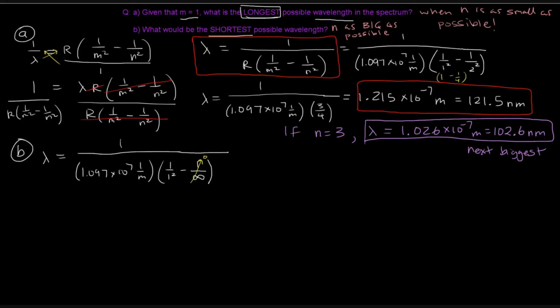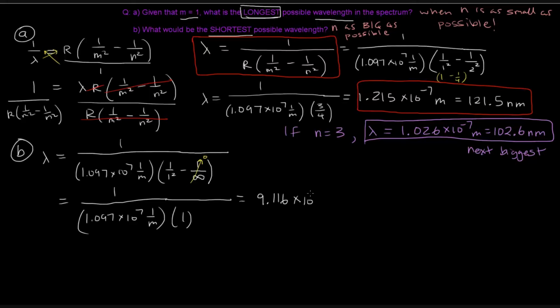So then I'll have 1 over 1.097 times 10 to the 7th, 1 over meters, times 1 minus 0, which is just 1. And if I plug that in, I will get 9.116 times 10 to the negative 8th meters, which is, in nanometers, 91.16 nanometers. So that would be the shortest possible wavelength when n is as big as possible, which is infinity.